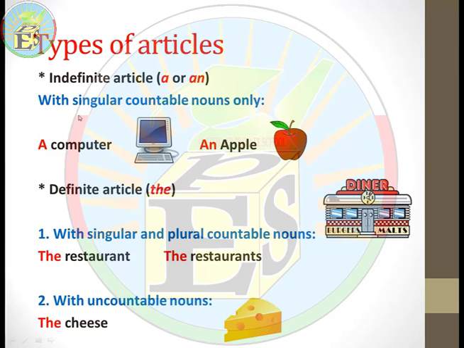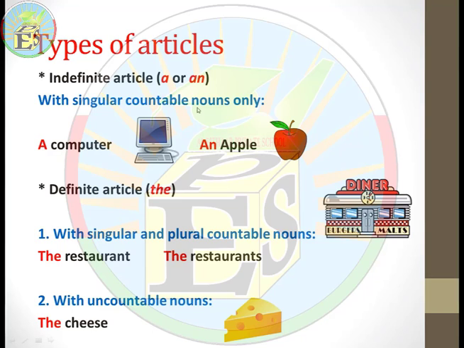As we said, we use the indefinite article a or an with singular countable nouns. And the definite article the we use with singular and plural countable nouns and with uncountable nouns. This is the use of this article, and this is the use of these articles.